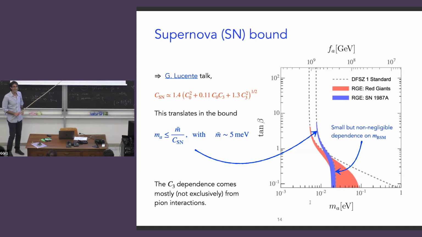This effect is not as astonishing, not as big as for the electron, because it's not corrected so much. But I want to say that in previous years, when people were ignoring the pion contribution to supernova and using only Bremsstrahlung, this is almost not corrected at all.